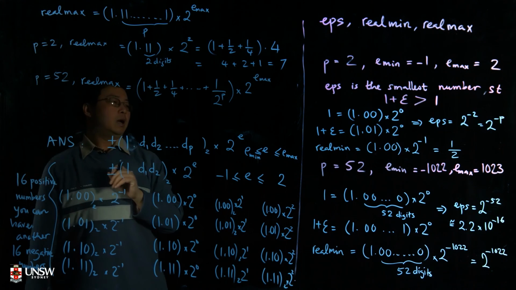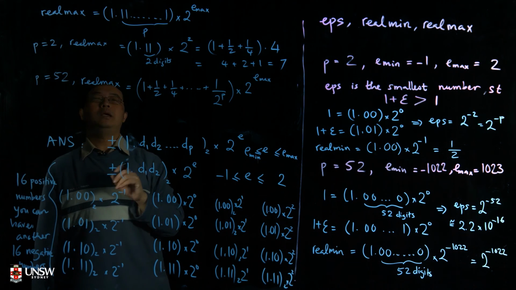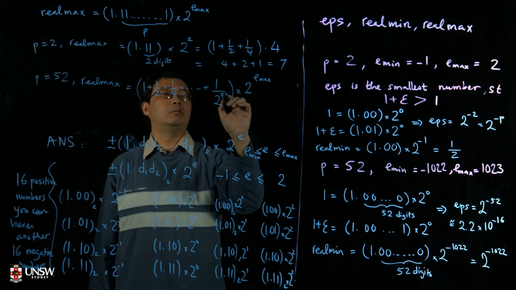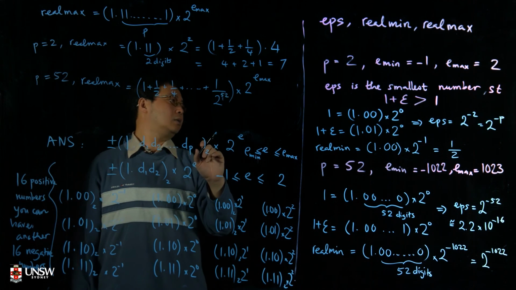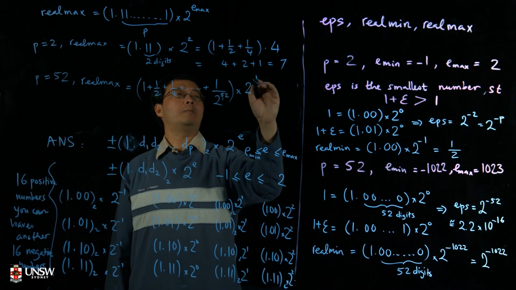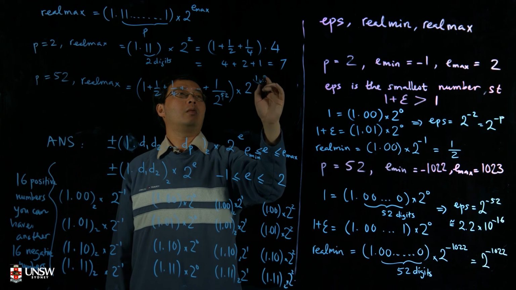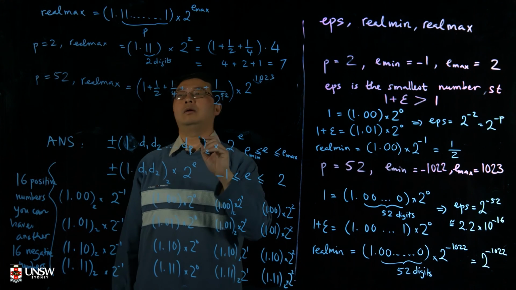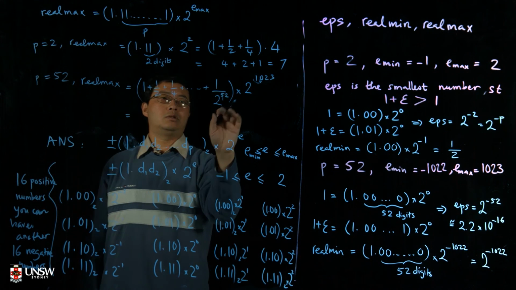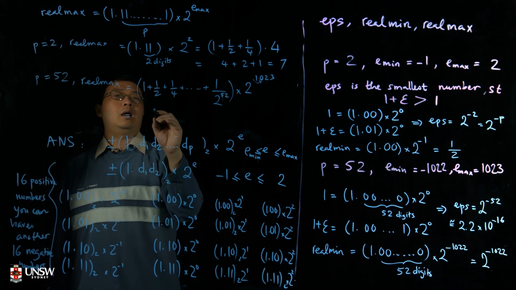Okay. And because in our case, p is 52, I replace this one by 52. And E max is 1023, so I replace this one by 1023.